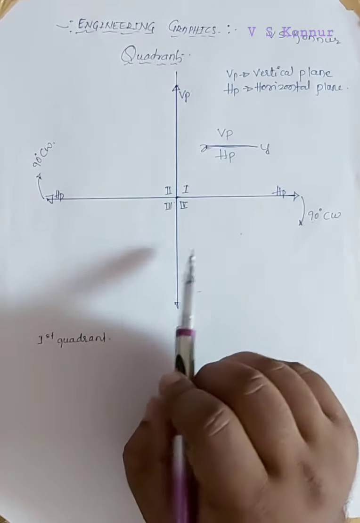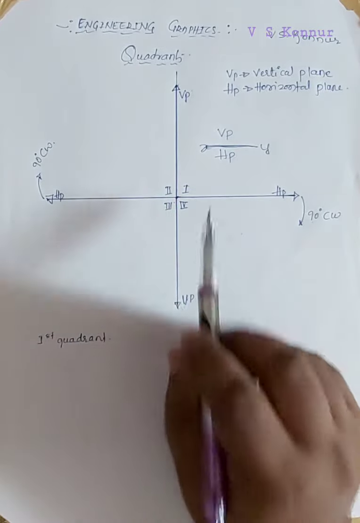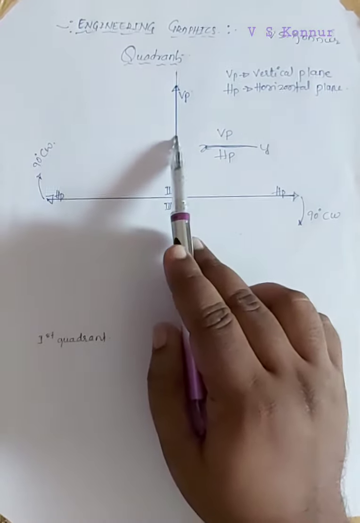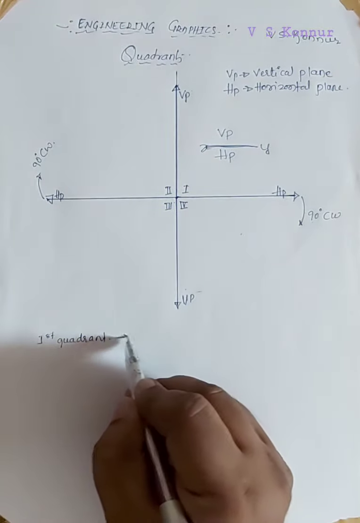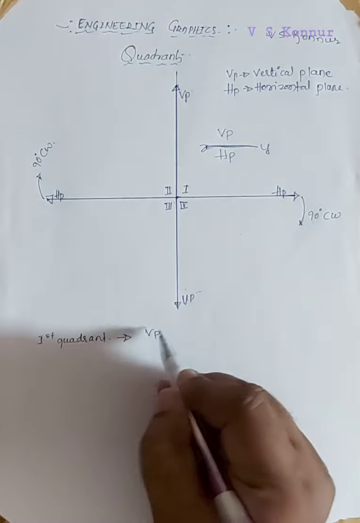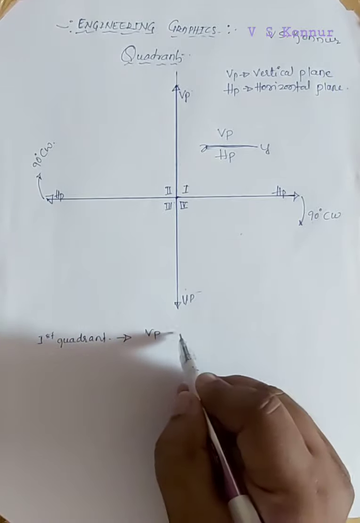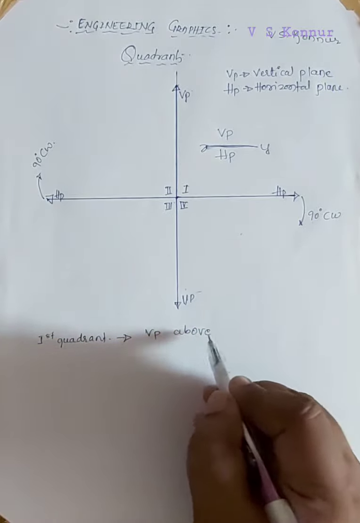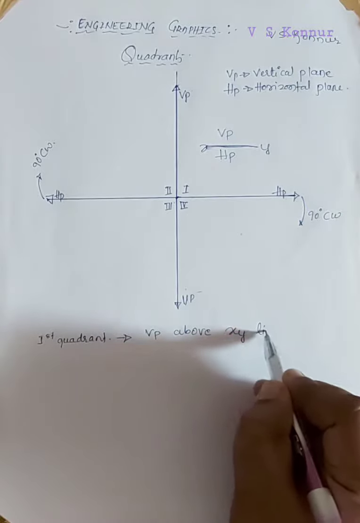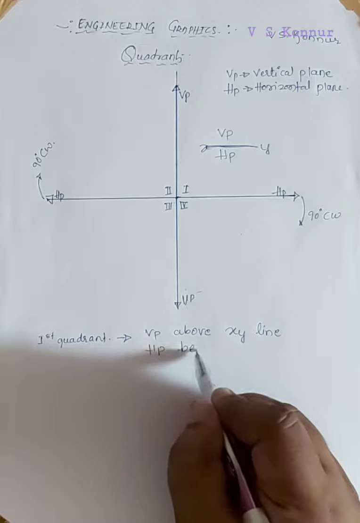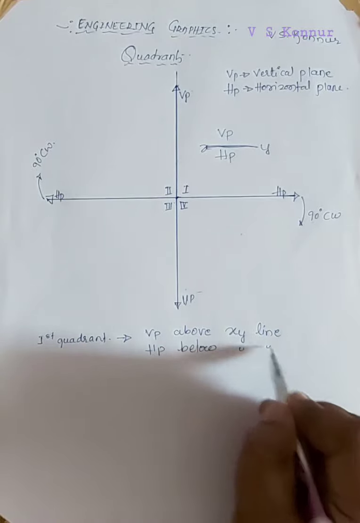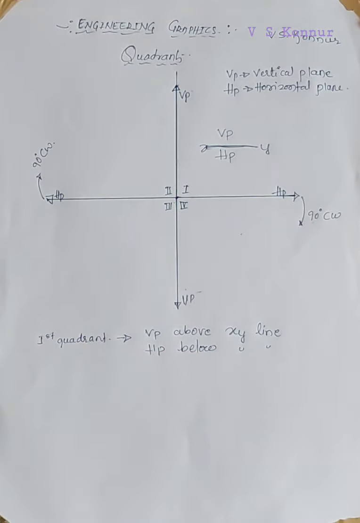When HP rotates 90 degrees clockwise, HP comes below XY line, VP remains above XY line. This is the first quadrant. In first quadrant, VP, that is vertical plane, is above XY line, HP below XY line.